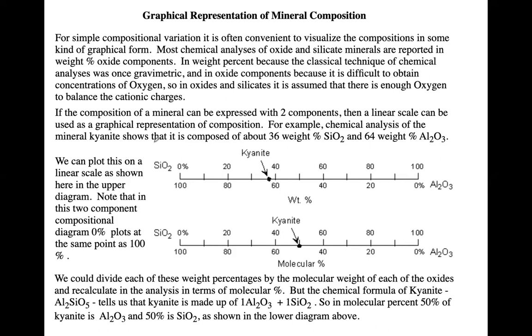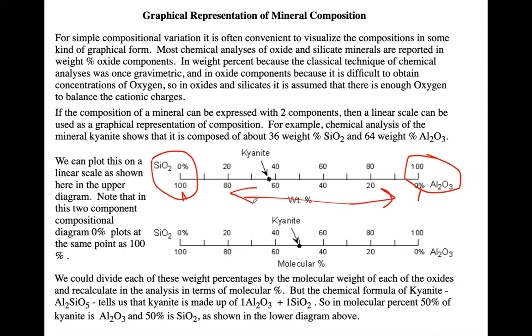So if we have two discrete end members like here, for example, silica and alumina, in between you can have aluminosilicate compositions, right? This is aluminium, this is silica, so ideally we will have aluminosilicates in between.